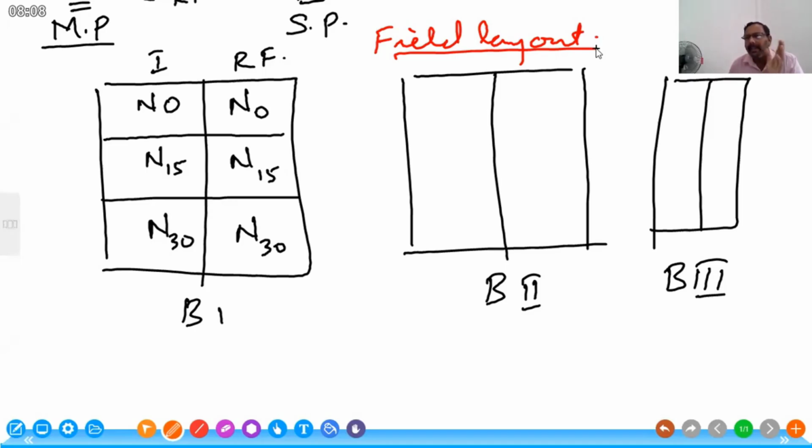Unnecessary thing I will erase it and edit it and put it on the LMS, right? So I will upload all these things together, right? So this is the basic setup, which we call as the field layout.